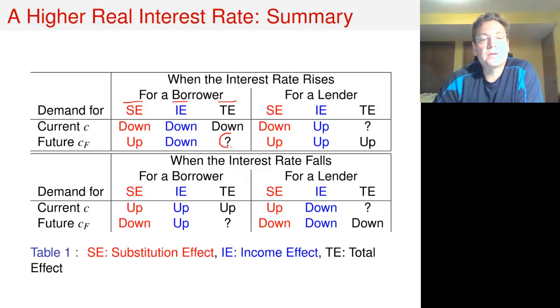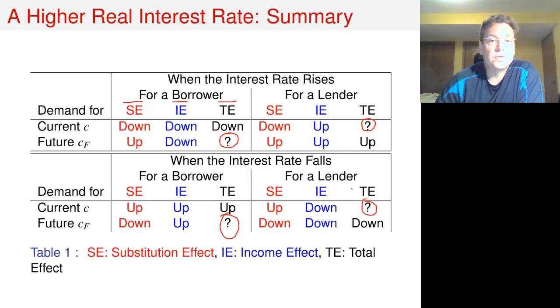So the total effect is ambiguous. And what you can see is that this ambiguity shows up in each of these four cases that we are looking at. And this ambiguity always comes from the income effect being sometimes different from the substitution effect.